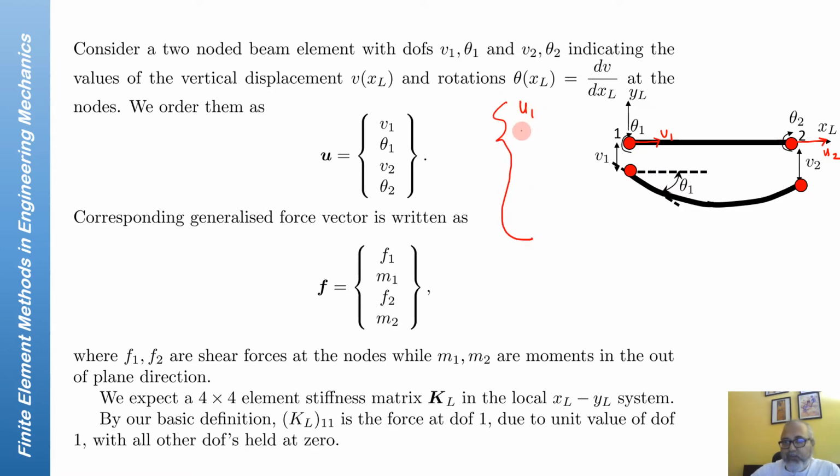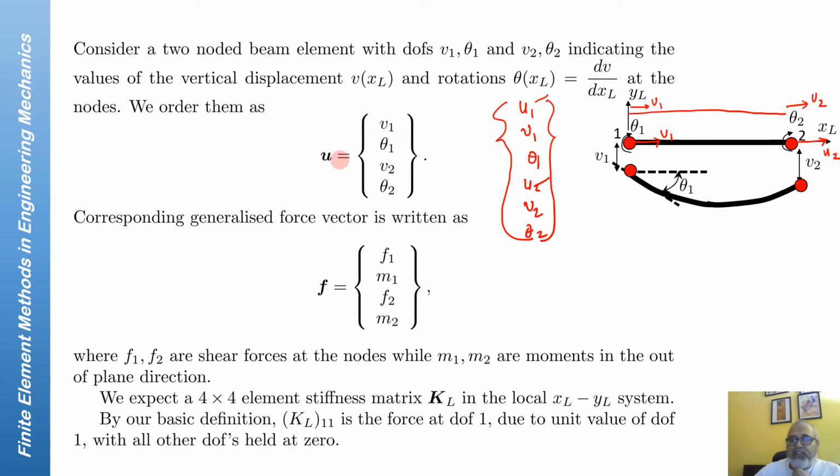We have u1, v1, theta 1, u2, v2, theta 2. U1 and U2 are degrees of freedom that are provided by the truss element. So basically, I am superposing a truss element which has the U1 and U2 at nodes 1 and 2.